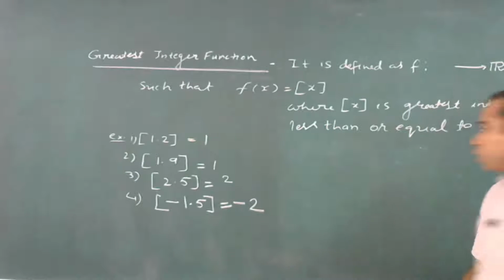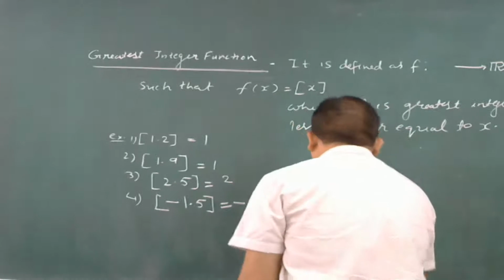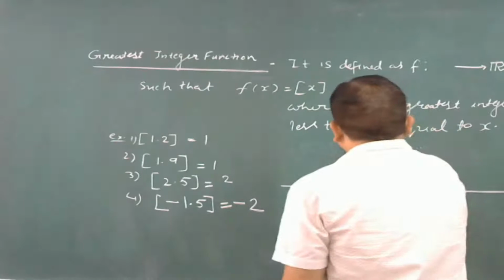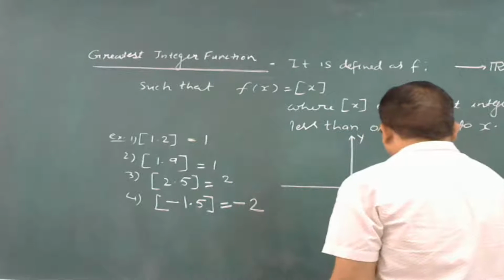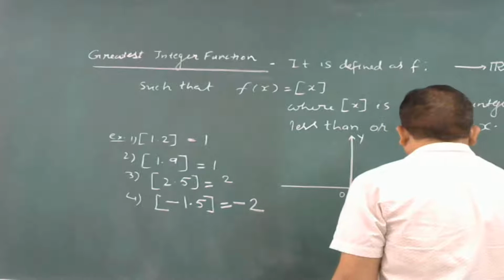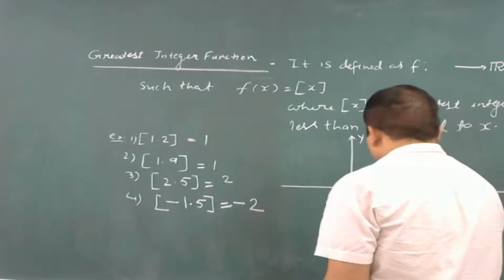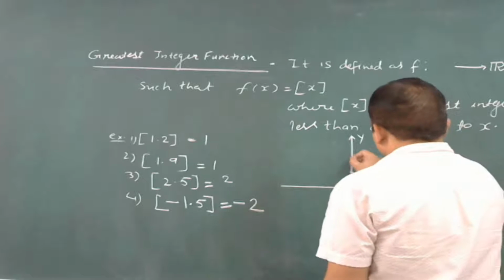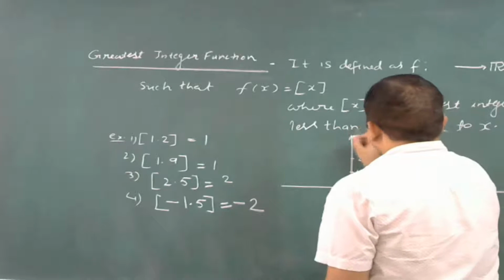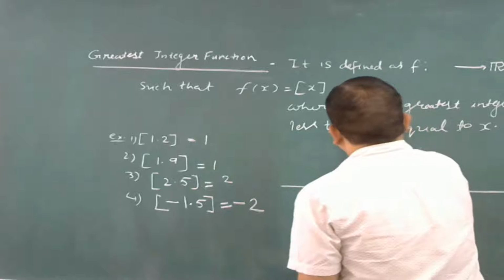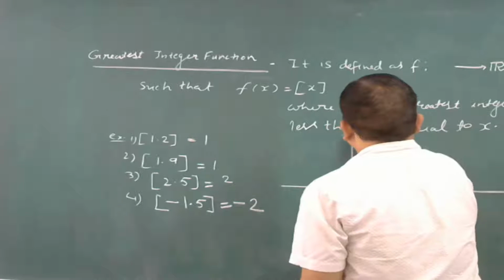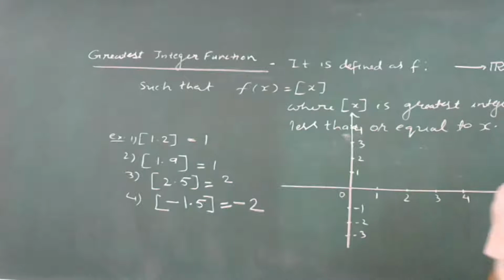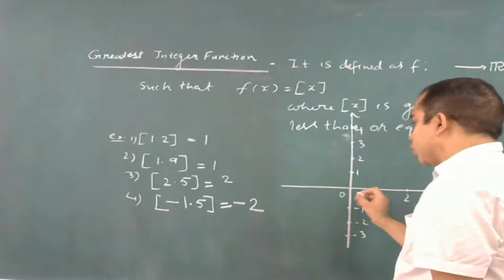Here we will draw the xy plane. 1, 2, 3, 4. Okay. Now let us find the image of 0.